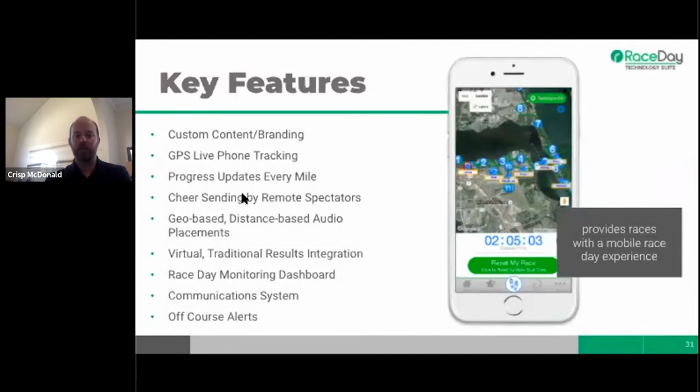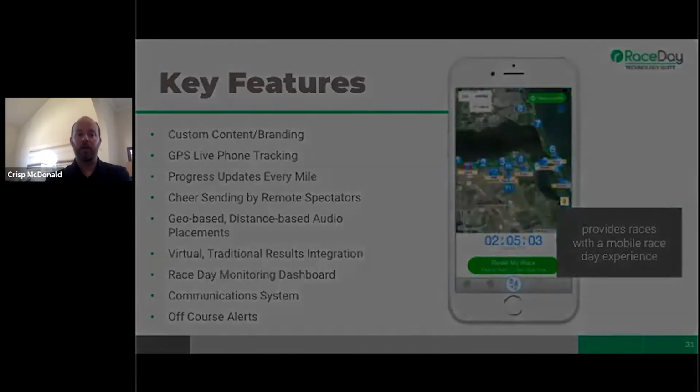You can send cheers, and the beauty of the cheers is obviously you can send those remotely, so the spectator doesn't have to be at the event site. And so you have off-course alerts, which again, if you're not having volunteers out there, it can be super helpful if people are in an unfamiliar area.